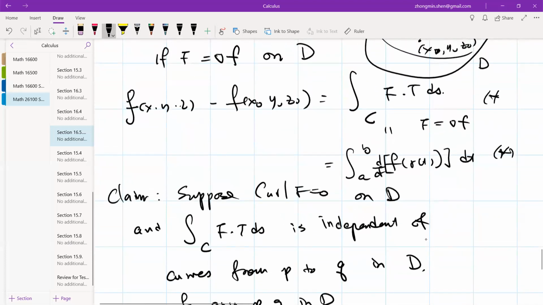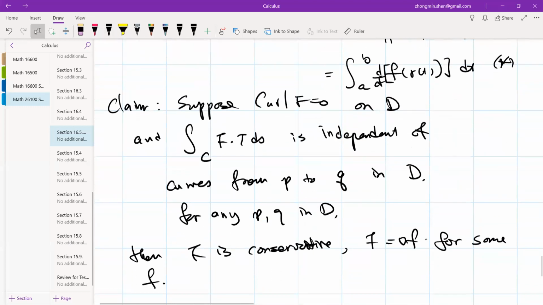So f can be constructed by the above line integral.